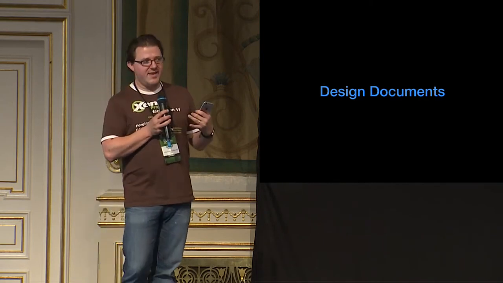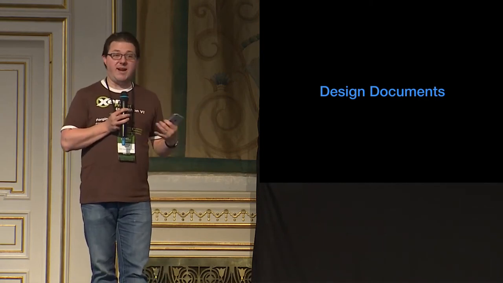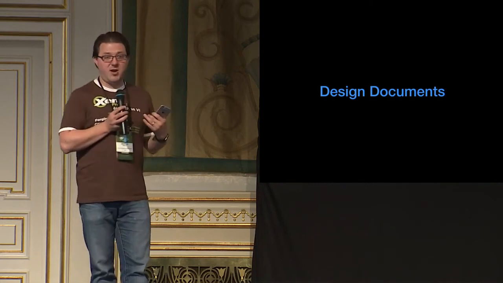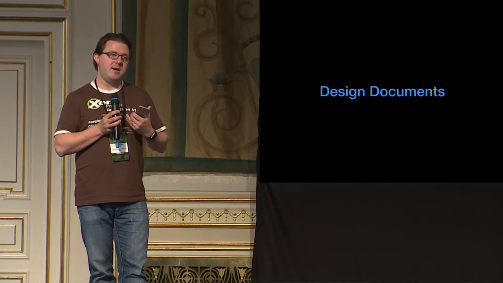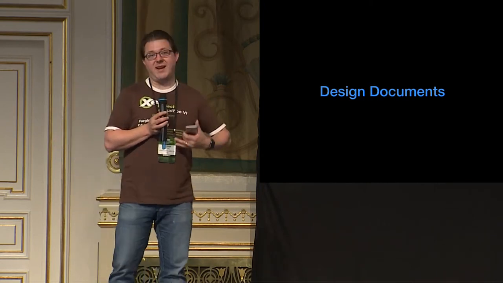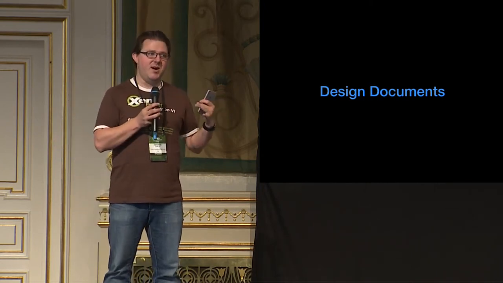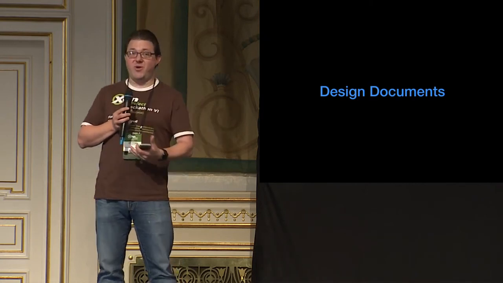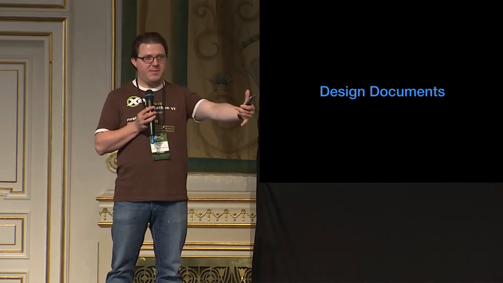So for anything that you think might be controversial, or any larger changes, what we do is submit a design document. The idea behind a design document is, before you start coding, to get feedback about what the maintainers think is a promising direction to go in. Now, the document is not the code, and often what sounds good on paper doesn't look very good when you actually code it up.